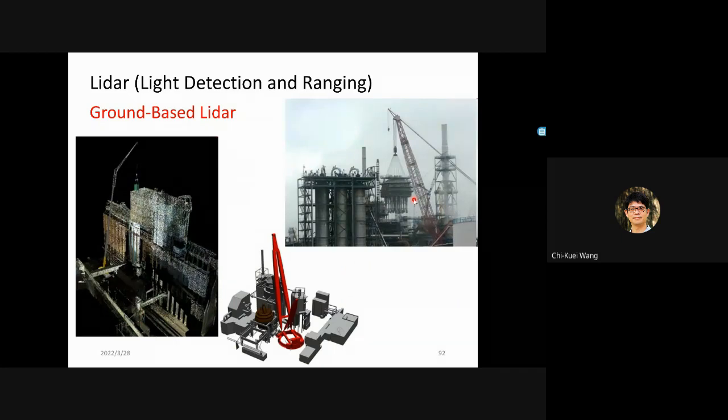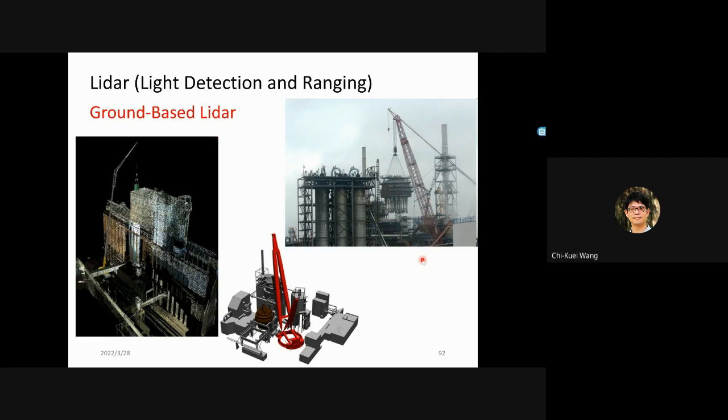This is an example of ground-based LiDAR. On the left-hand side is the point cloud of this site. On the right-hand side is the photo of this complex site.